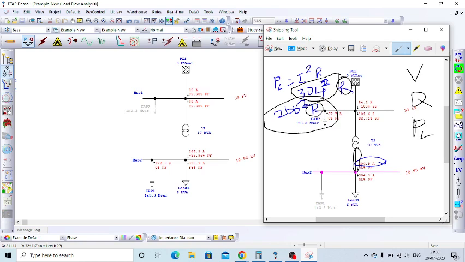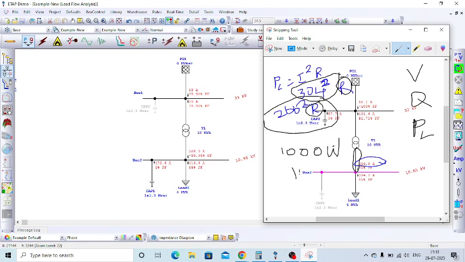Generally the system will operate continuously throughout the year. So even a small amount of power loss occurring will increase the energy loss in a significant way. For example, suppose the power loss is 100 watt.